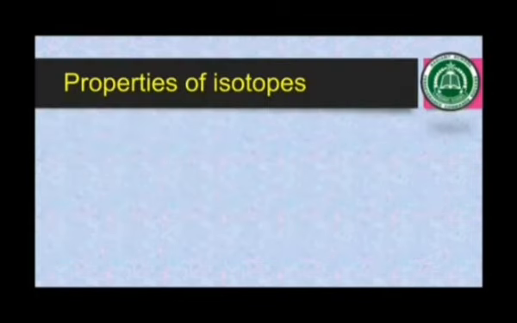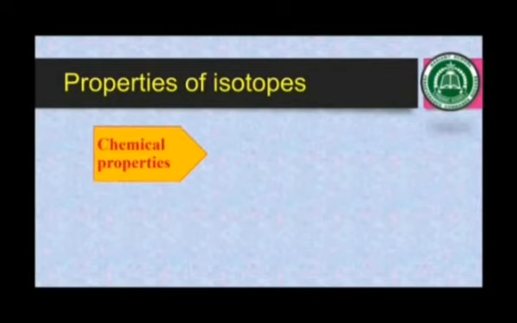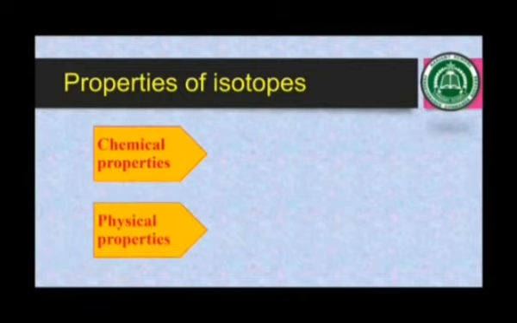Okay, now what are the properties of isotopes? Properties may be chemical properties or physical properties. Chemical properties are related to the composition of a structure, and physical properties are related to the appearance of anything. The chemical properties of isotopes are the same. Why are they the same?